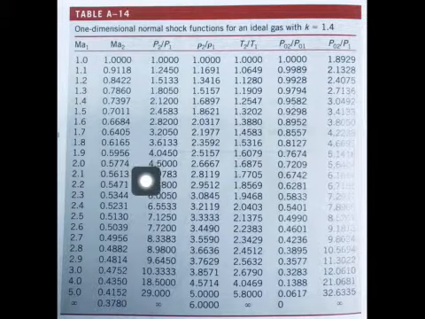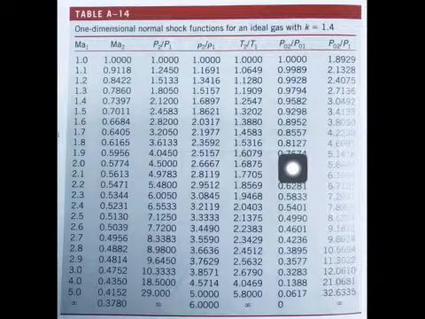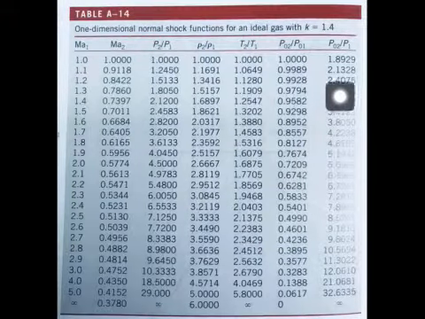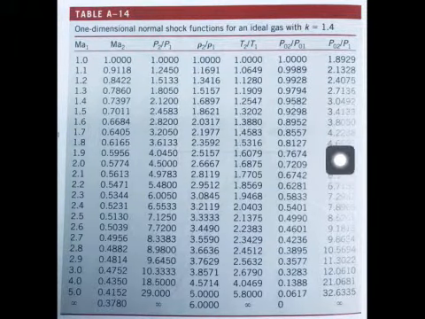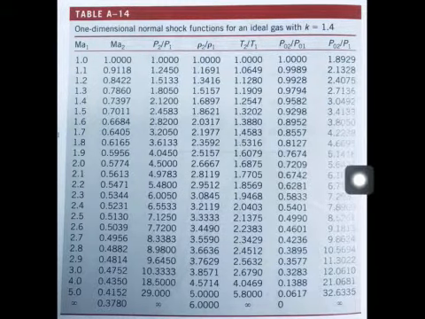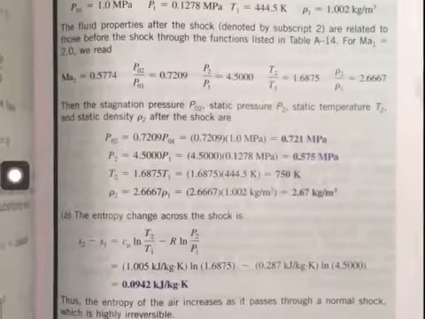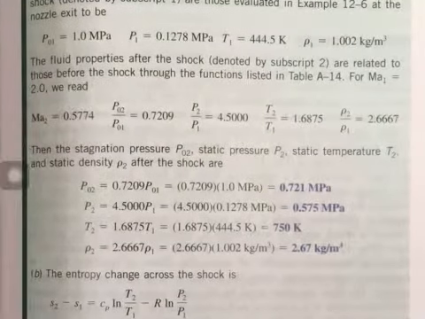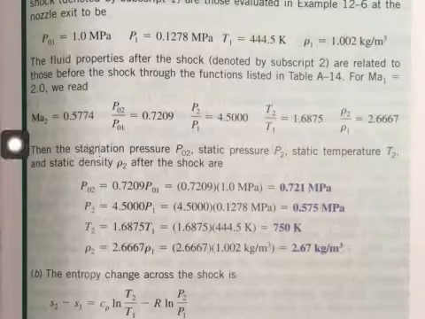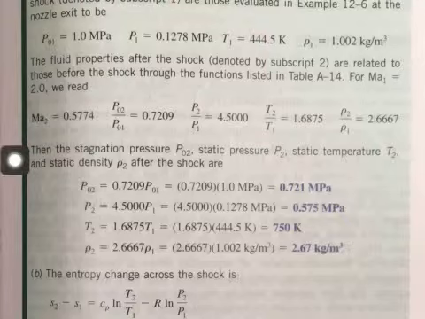We can also have the ratios for pressure, density, temperature, and stagnation pressure, and this is the stagnation pressure over the initial pressure. We look at this value and compare it to the solution right here. It's similar. See, Mach number is 0.5, lower compared to the previous one, 2.0.